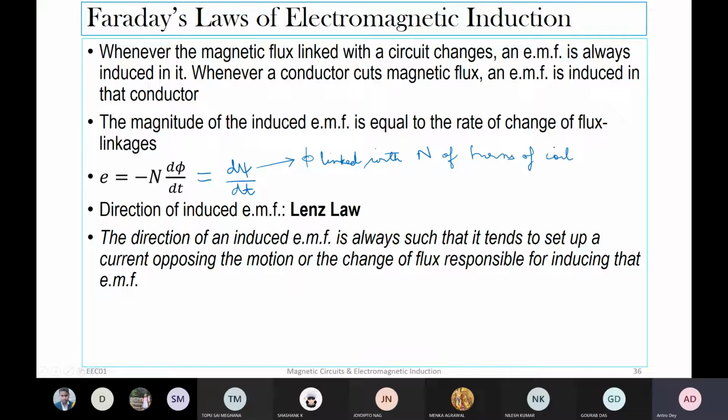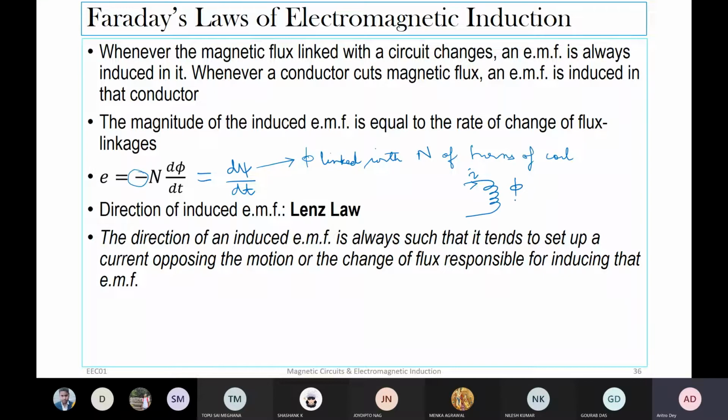Okay, so what does this negative sign signify? It indicates that it tries to neutralize its cause. Whenever there is some current flowing through a coil, it will produce phi, which you have learned from the magnetic circuit.